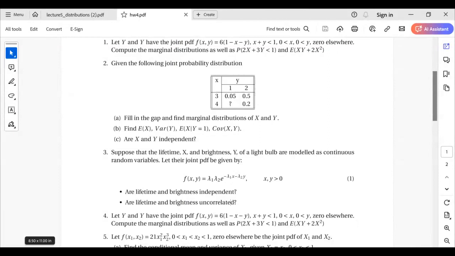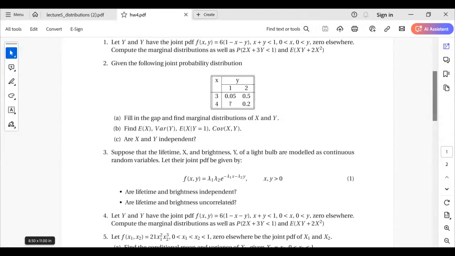Okay, now I get what you mean. So suppose there are some positive constants. Exactly.